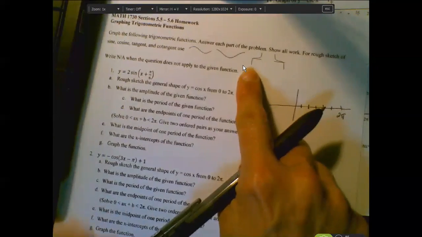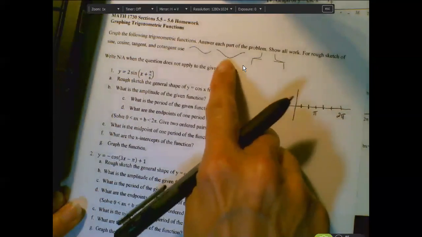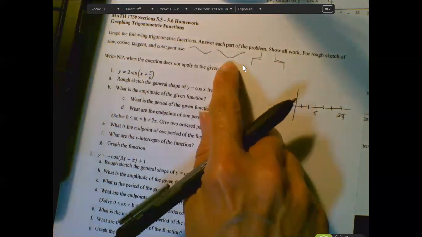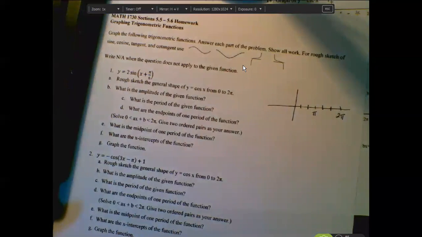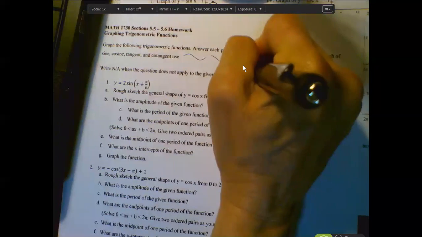What does that look like? This kind of looks like x squared. Not really, but you can squint and play like. What does that look like? The x cubed. Yeah.